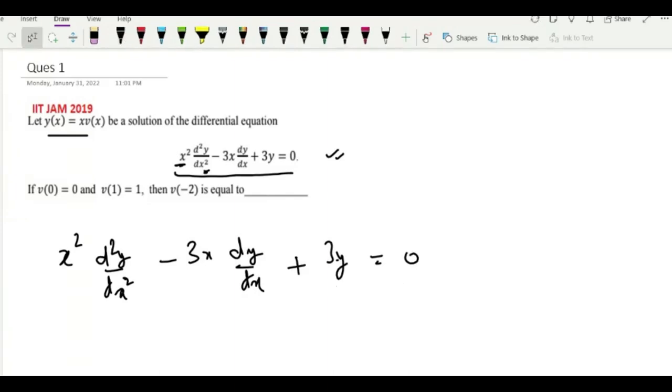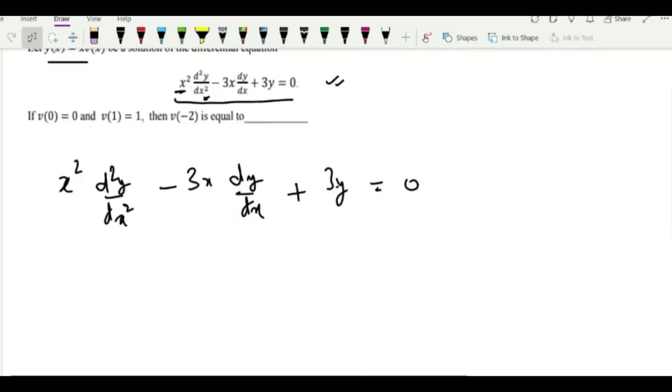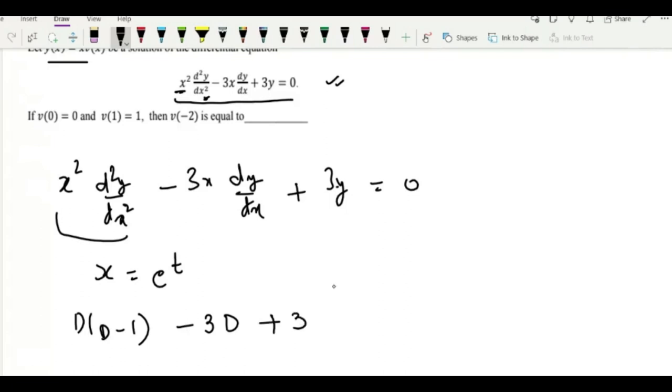Here we have the method. We just substitute x is equal to e raised to power t. When we substitute x is equal to e raised to power t here, this is converted into D(D minus 1) minus 3D plus 3, y is equal to 0.